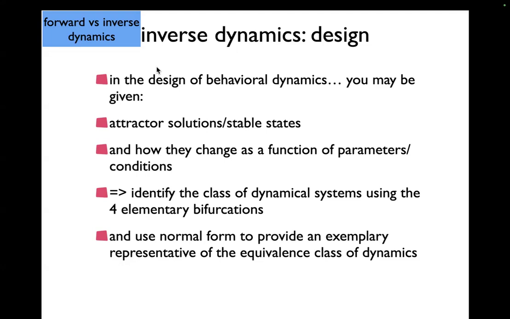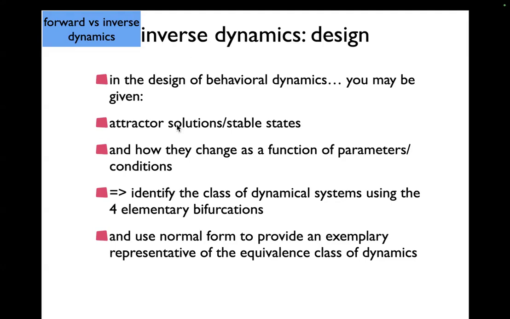So we know there's some attractors, and maybe we also know that as we change input or some conditions, the attractors will disappear at some point, or there's an instability at some point. Then we can use these bifurcation theorems to say what class of bifurcation that is, and therefore in which of the four elementary pictures we are, and we can write down a representative of the class of that bifurcation to do the model.